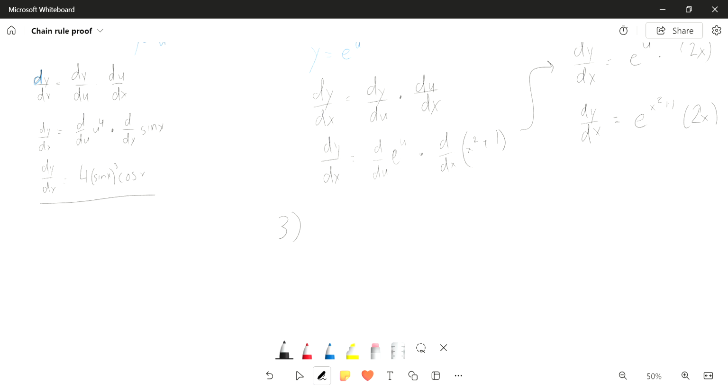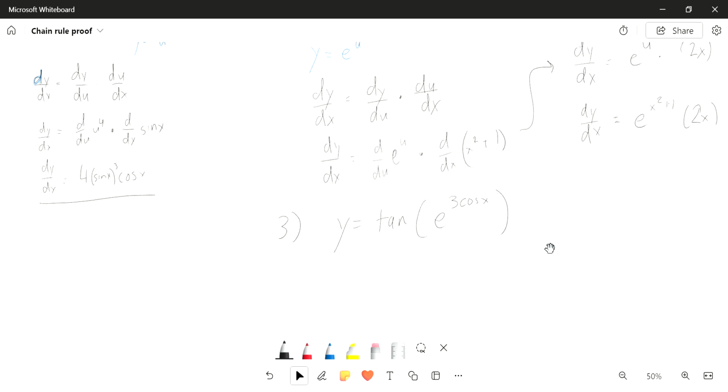So let's use one of the trig functions from the previous video about the quotient rule. Let's say we have tangent of e to the power of 3 cosine x.